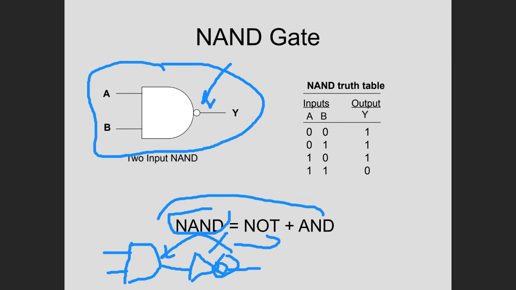What these gates help us to do is, let's say you're going to program a PLC, or I'm saying PLC, but basically any computer language. One language you use to program a PLC is called ladder logic, but there are others.